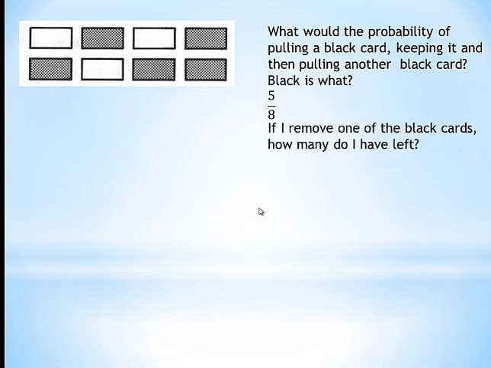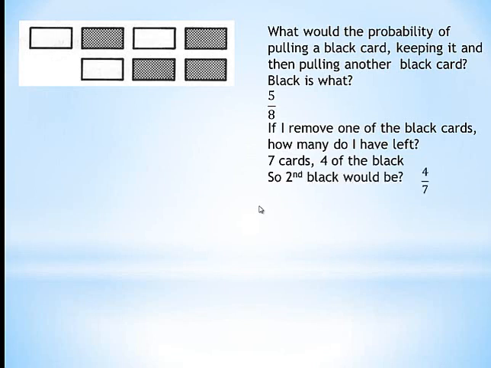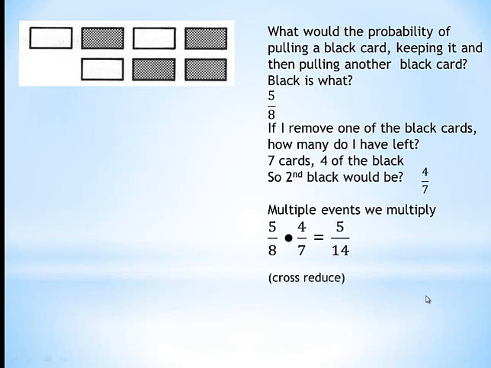But if I remove one of the black cards, how many do I have left? 7. Of those, 4 are black. So my probability would now be 4 out of 7. Multiply 5/8 times 4/7 is 5 out of 14. Remember that you must cross reduce before you multiply. Excellent.